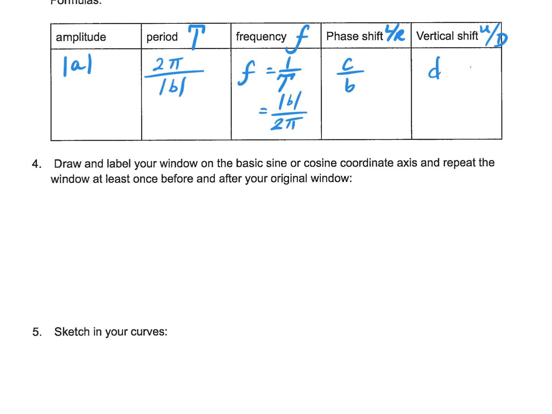The first thing we need to do is mark where the midline and the window start. We do that by finding the point C over B, D.